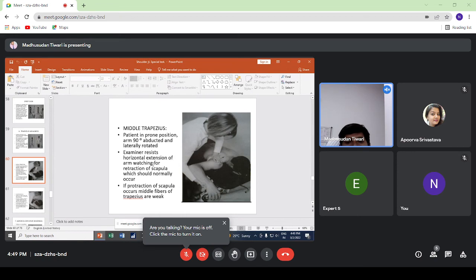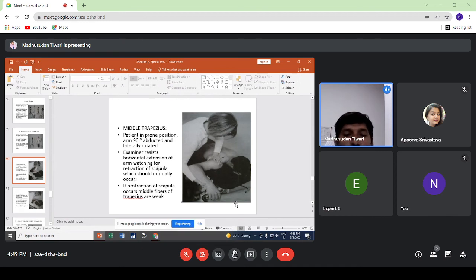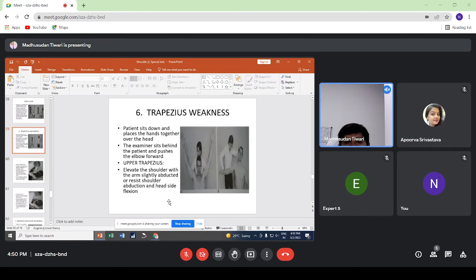Examiner assists horizontal extension of the arm, watching for retraction of the scapula, which should normally occur. If protraction of the scapula occurs, middle fibers of the trapezius are weak. These are the three positions to test for trapezius weakness.